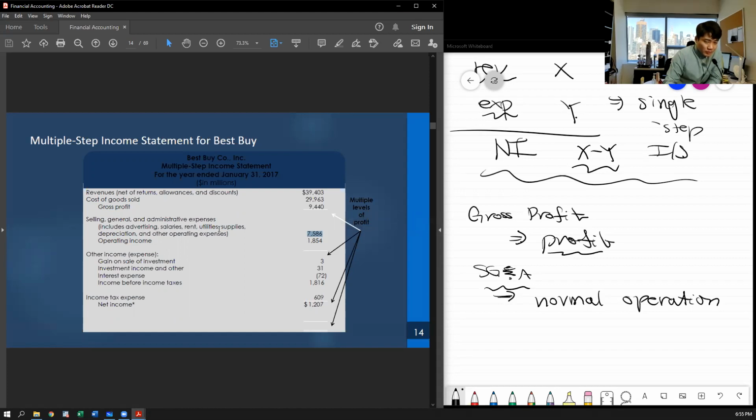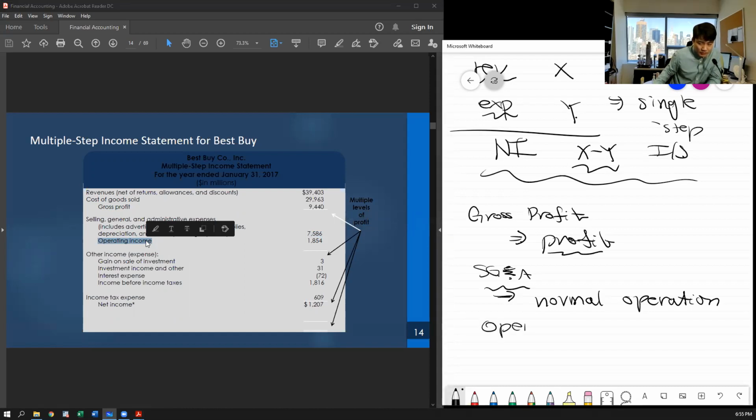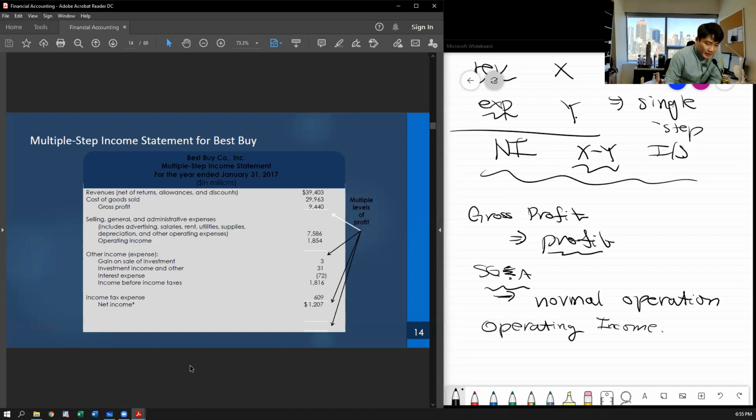So what that gives you is the operating income. After deducting SG&A, the company reports its operating income. And below that operating income, there are other revenues and expenses. For example, there's the gain on sale of an investment, there's interest expenses, and all sorts of other non-business operating expenses.